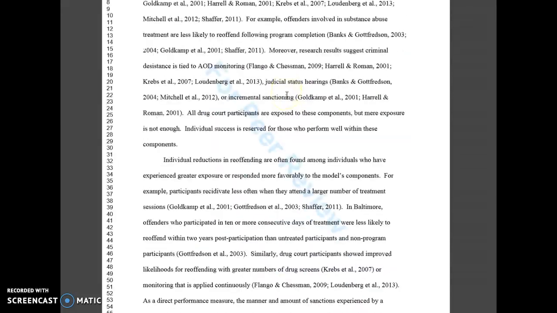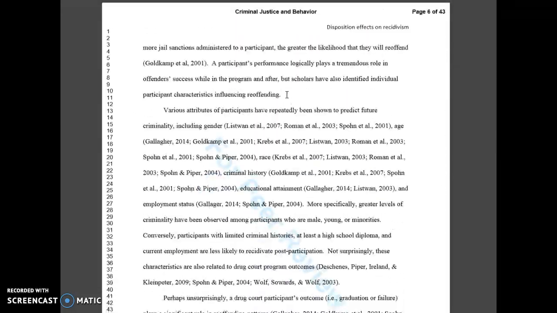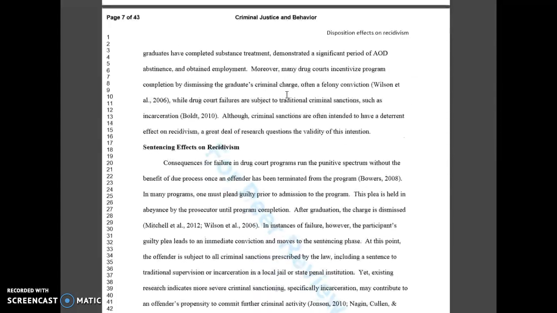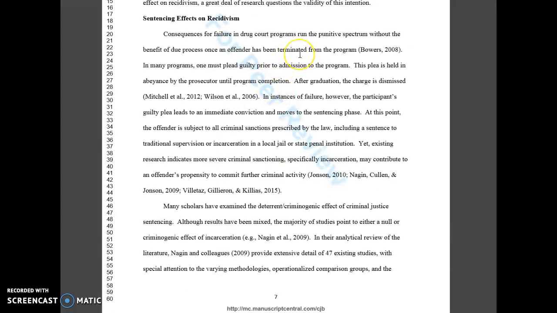We go through all of the research and then we get here to the sentencing effects on recidivism. There's also a body of literature outside of drug court where researchers in the past have looked at the actual effects sentencing someone to prison or probation has on recidivism rates.